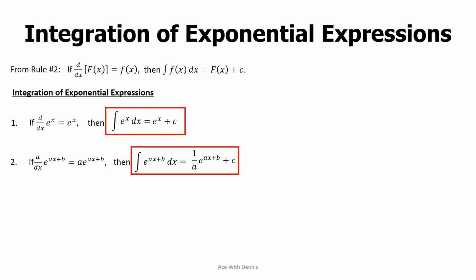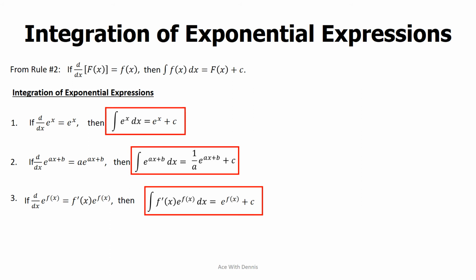Please remember this equation. Number 3, if d over dx e to the power of f x equals f prime x e to the power of f x, then can you tell what is the integration of f prime x e to the power of f x dx? Yes, it will be e to the power of f x plus c. Please remember this equation as well.